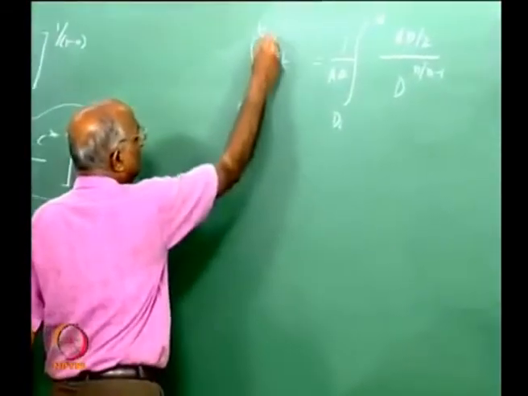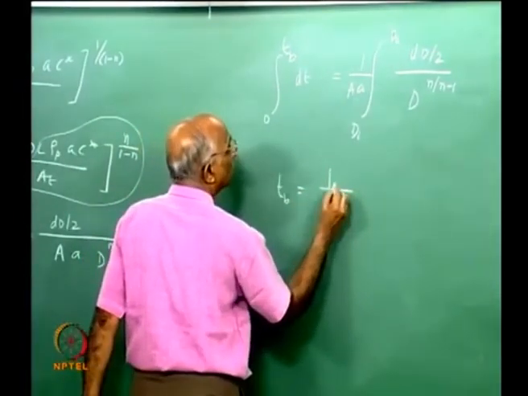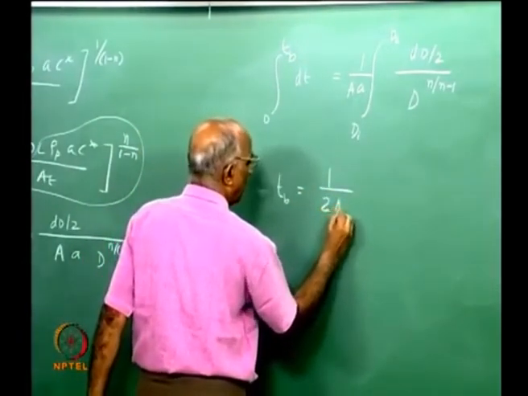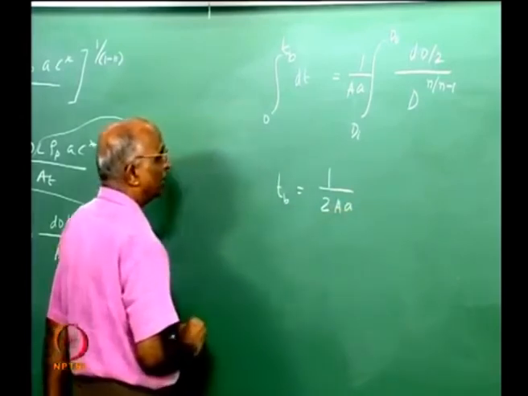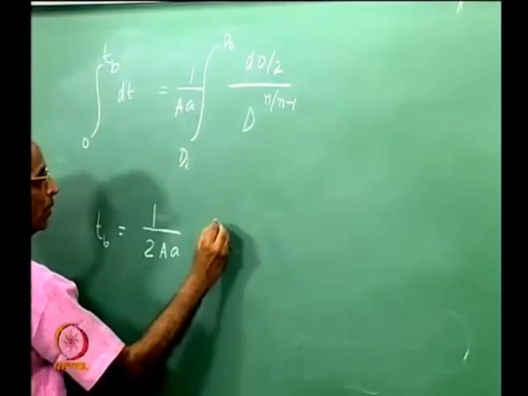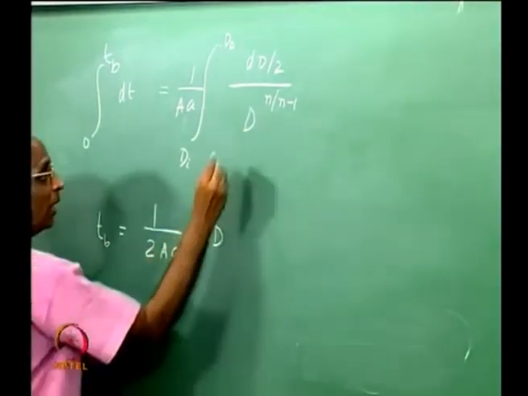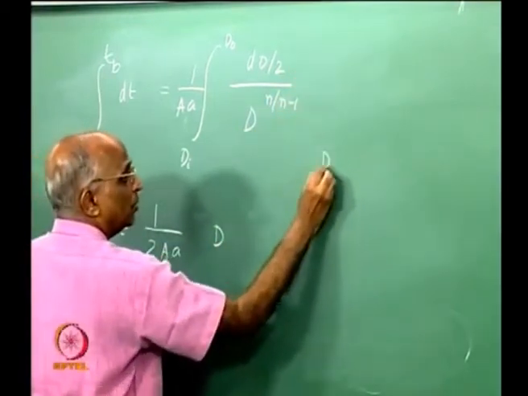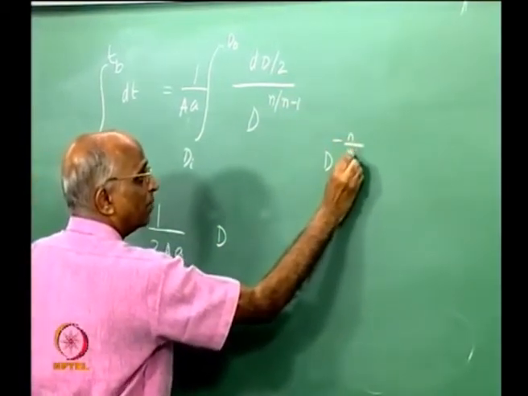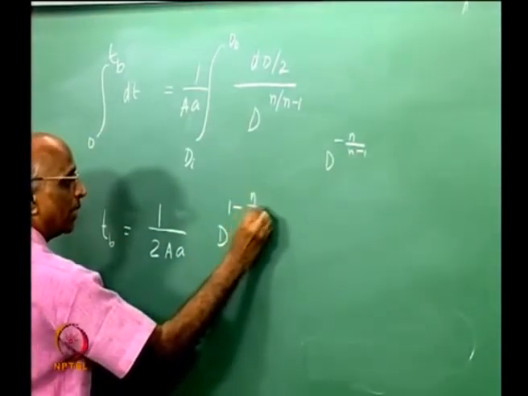I get Tb minus 0, therefore, Tb is equal to 1 over 2a into the exponent of the burning rate law. Now, I integrated d to the power n, and if I bring it up, it is d to the power minus n divided by n minus 1, therefore this becomes 1 minus n by n minus 1.